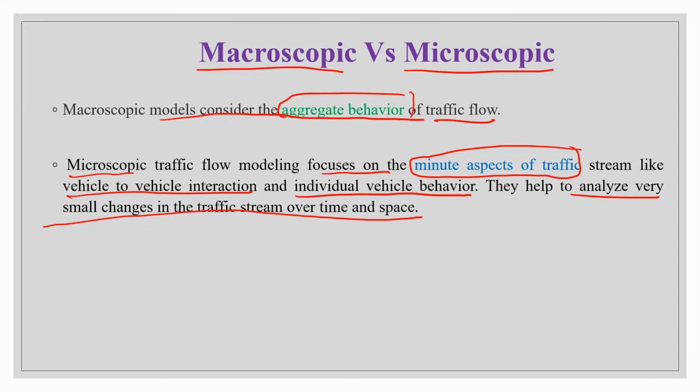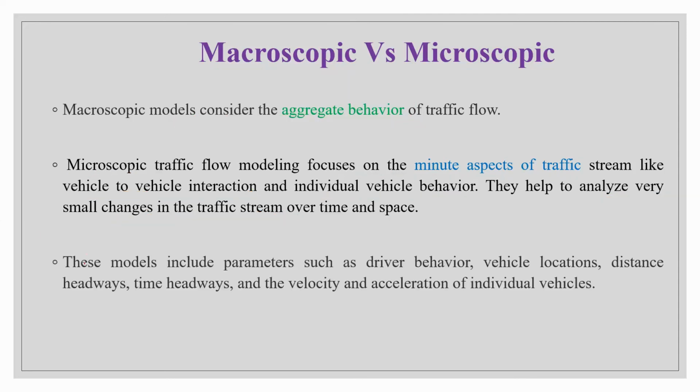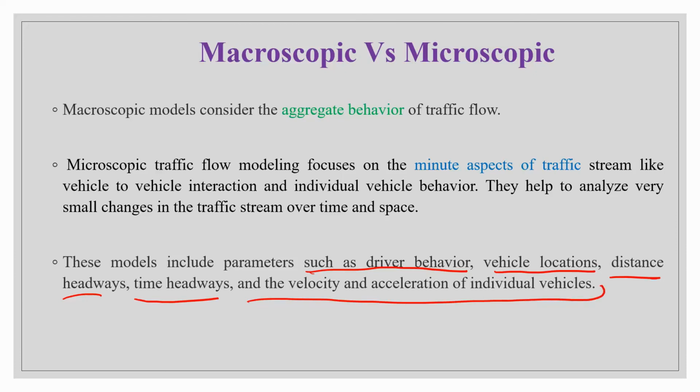The microscopic model includes parameters such as driver behavior, vehicle location, distance headways, time headways, velocity and acceleration of the individual vehicle. But in the macroscopic model, these are all considered in average, not at the individual level.